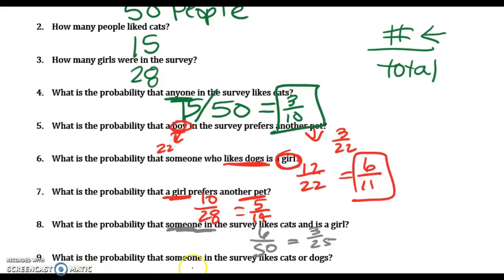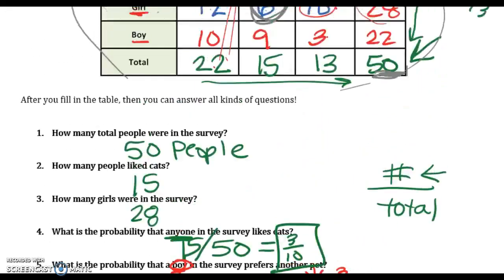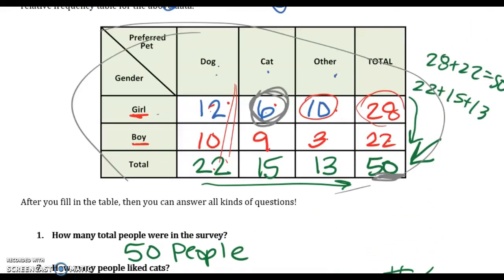And then what is the probability that someone in the survey, so that's the total, likes cats or dogs? So that's getting a little interesting. Let's scroll back up. So the probability that someone in the survey, so out of the whole 50, likes cats or they like dogs. So they could pick one or the other. It doesn't give us any condition about boy or girl.